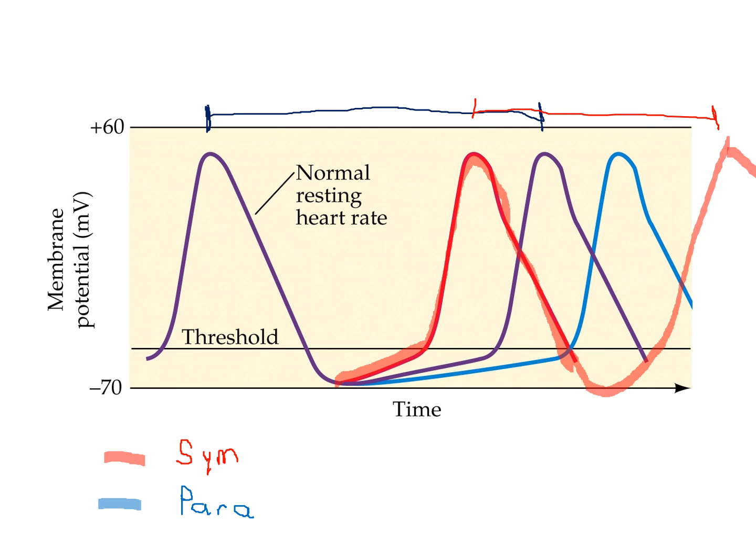You see that length is shorter. Similarly, but completely opposite, with parasympathetic stimulation, the slope of the spontaneous depolarization of the SA node is much lower, so it takes longer to reach threshold, and then it would come down and again take longer to reach threshold. Okay.